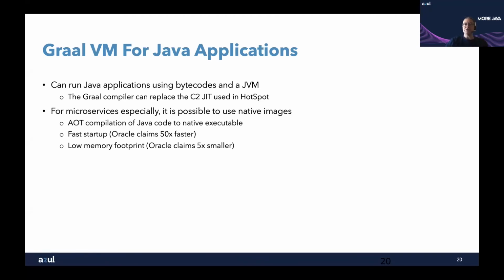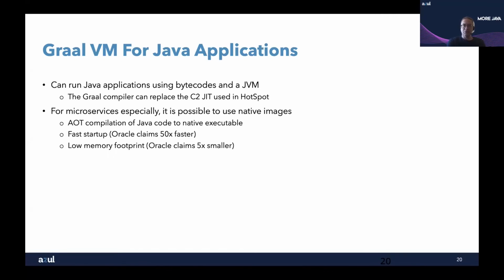For microservices, the thing that most people look at Graal for is the idea of native images. And this is where you do ahead-of-time compilation. If you're using Graal Enterprise Edition, then you can use profile-guided optimization to feed more information about how the application runs into the compiler. From a simple perspective of being able to have fast startup, it works very well.